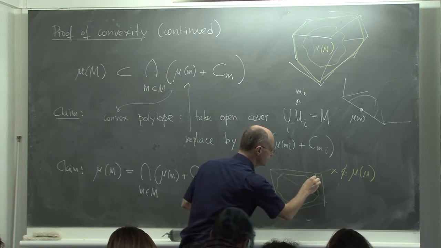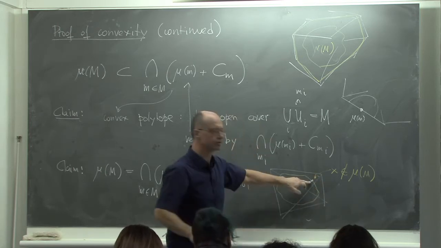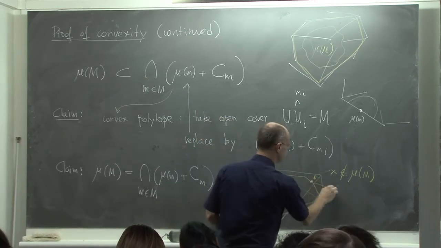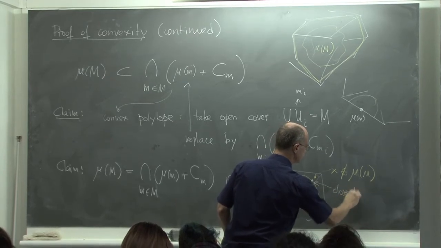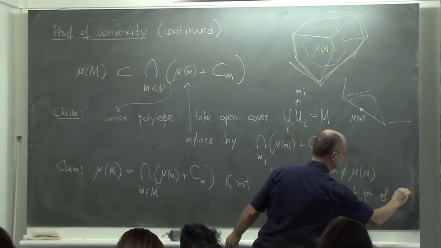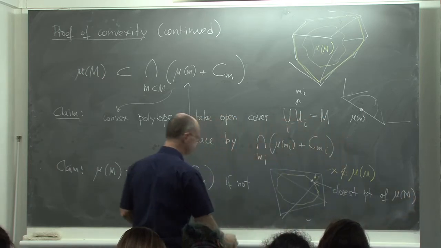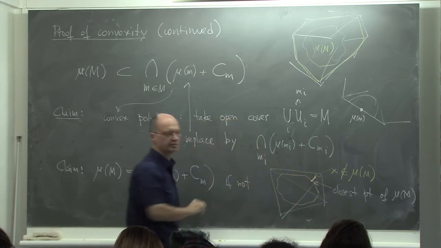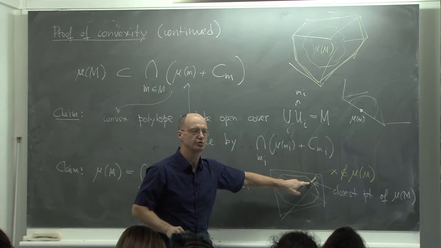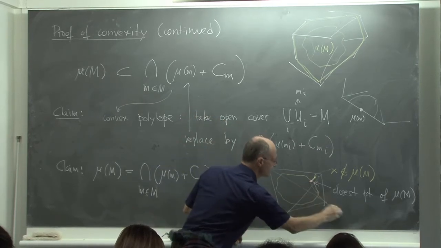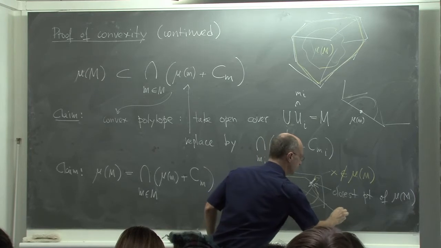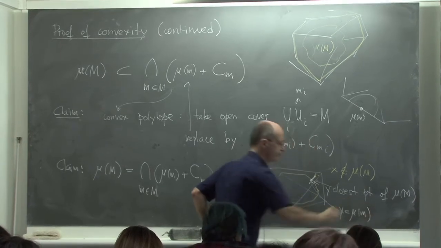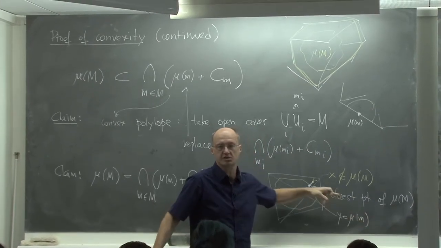Then let's choose the closest, or one of the closest points to x on mu of m, and consider this segment connecting x to mu of m. So this closest point, say y. y is equal to mu of m for some point of the manifold, right? Because it's in the image.